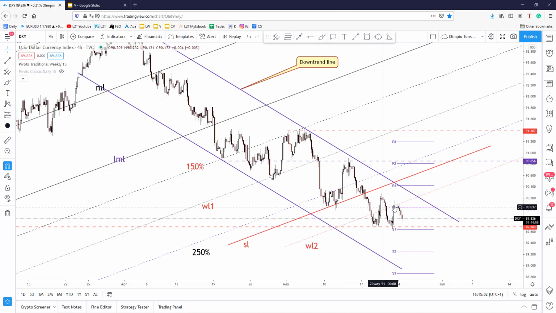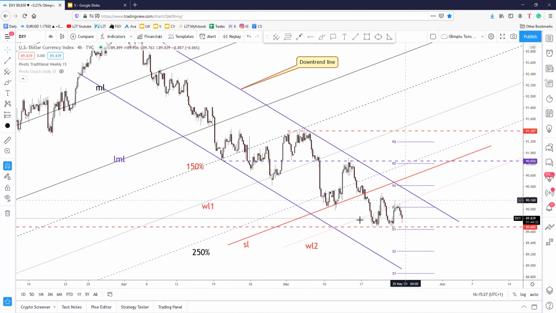So when the DXY drops, the US dollar should depreciate versus its rivals. Right now we have a sell-off here. The price of the DXY, the US dollar index, has increased a little to retest the weekly pivot point 90.03. Also, it has registered only a false breakout above the second warning line of the former ascending pitchfork.